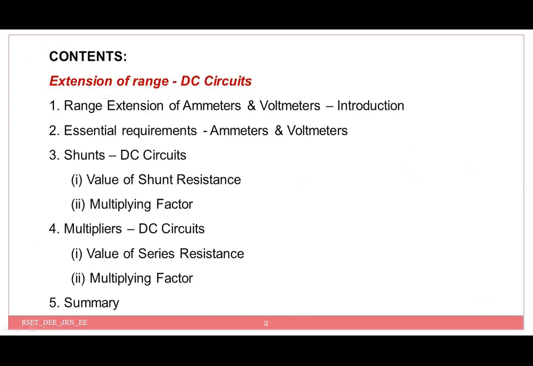Now, the contents that will be discussed today: extension of range, especially for DC circuits, range extension of ammeters and voltmeters, a brief introduction, essential requirements for ammeters and voltmeters, shunts for DC circuits, and value of shunt resistance, multiplying factor we'll be discussing, and with regard to multipliers for DC circuits, the value of series resistance and multiplying factor, and finally you will have a summary also.